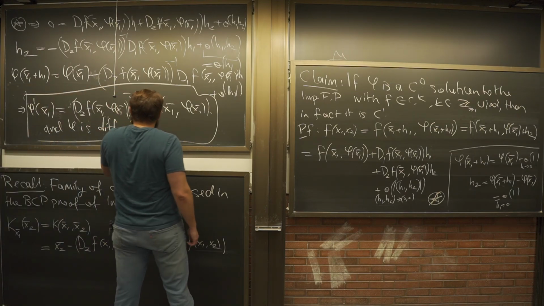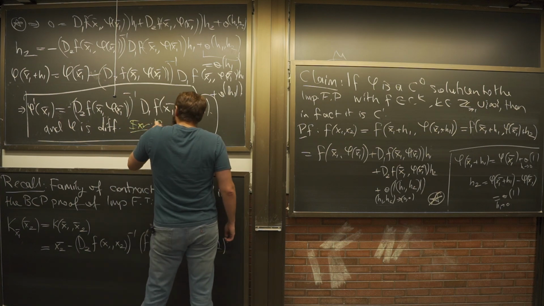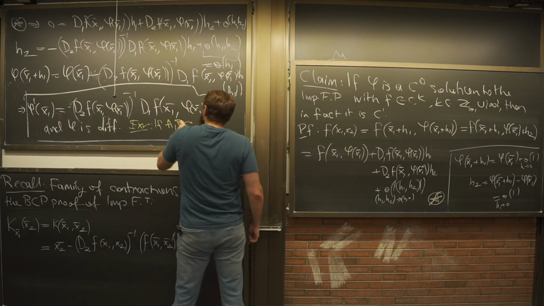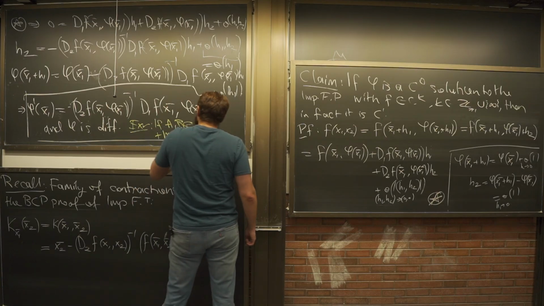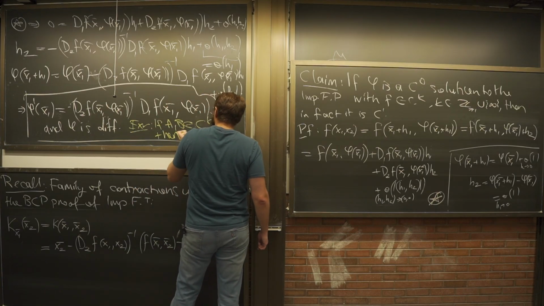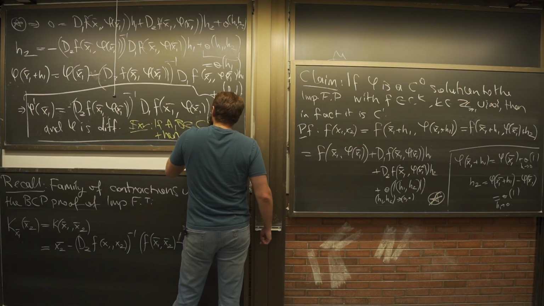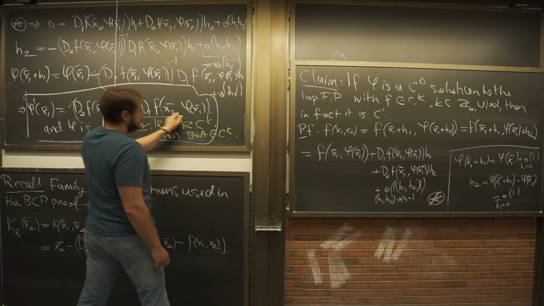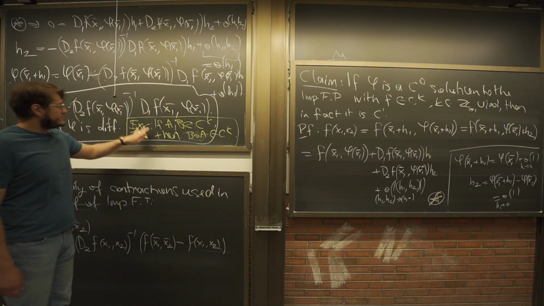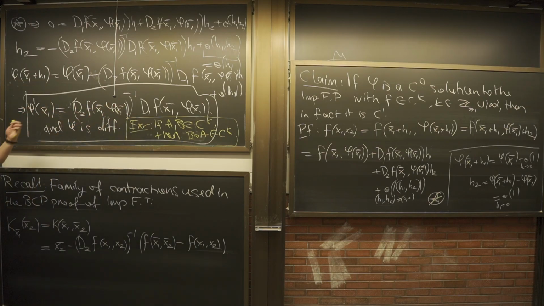Okay, exercise. If A, B are Ck, then B composed with A is also Ck. This requires induction. But if you have this, having this formula does give you that phi has to be as regular as f. Okay, this is the argument.